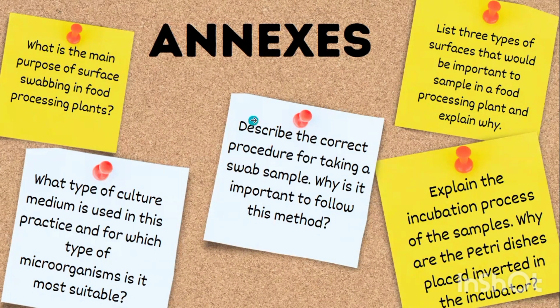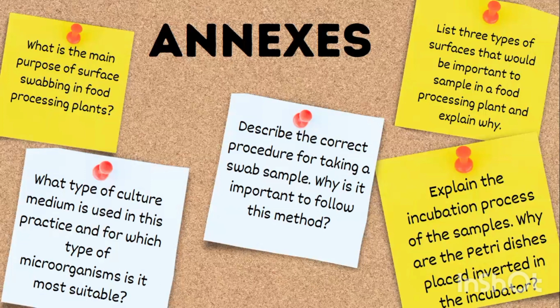Okay, the second question is, describe the correct process for taking a swab sample. Why is it important to follow this method? To take a swab sample, sterile equipment and disposable gloves must be used. The swab is moistened with a suitable transport medium and rubbed over the surface to be sampled.